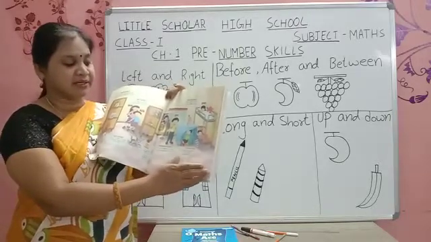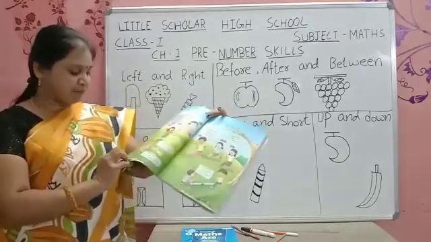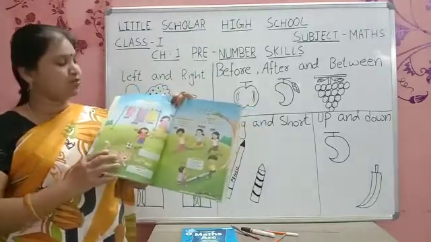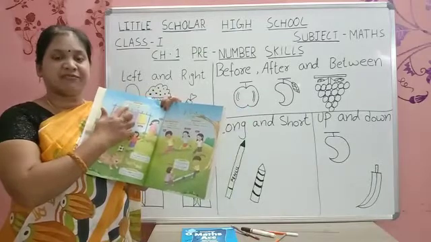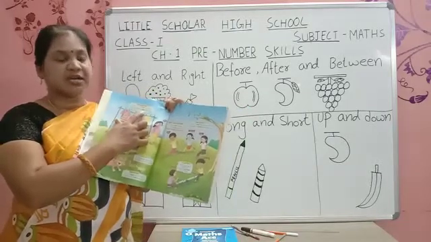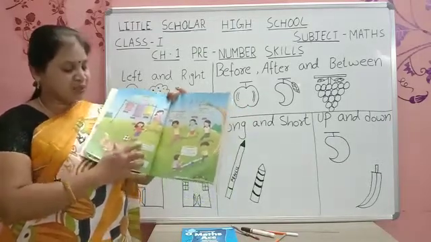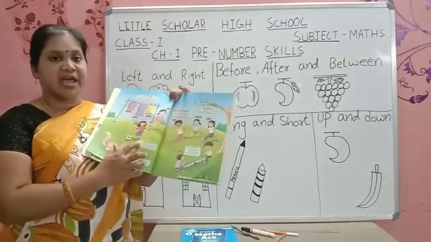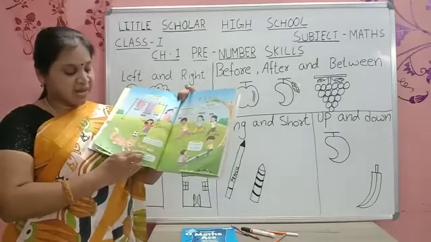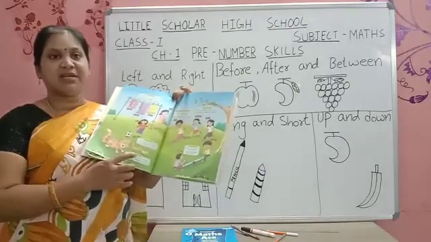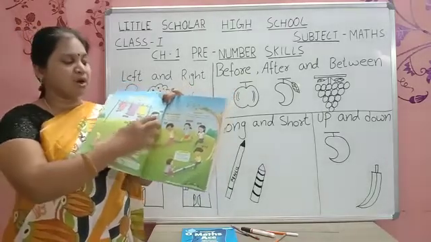On and under. Now go to the next page, page number 12. Left and right, how to spell? L-E-F-T, left, R-I-G-H-T, right. Next we have near and far. Big and small, B-I-G, big, S-M-A-L-L, small.